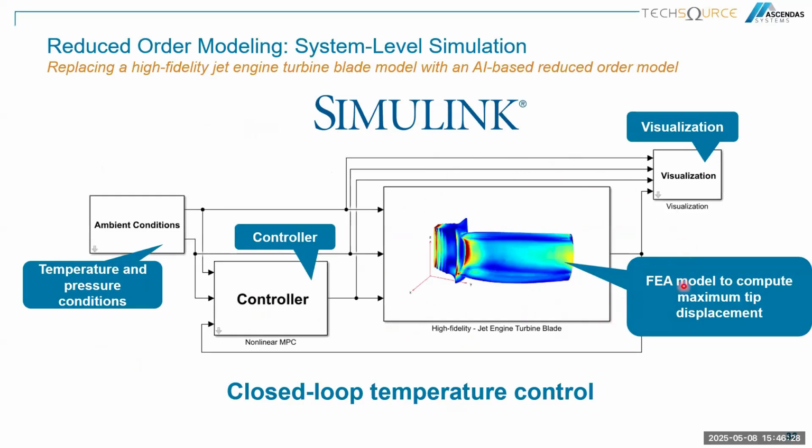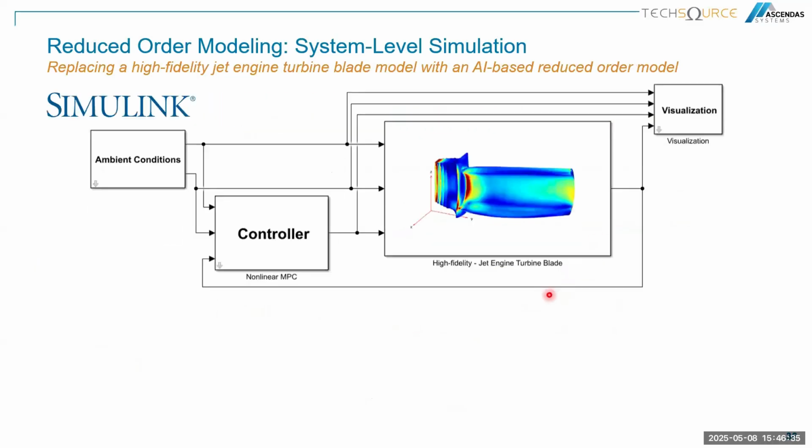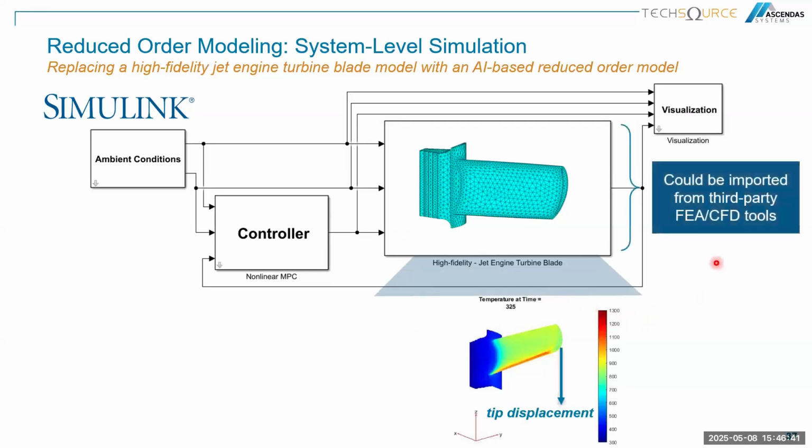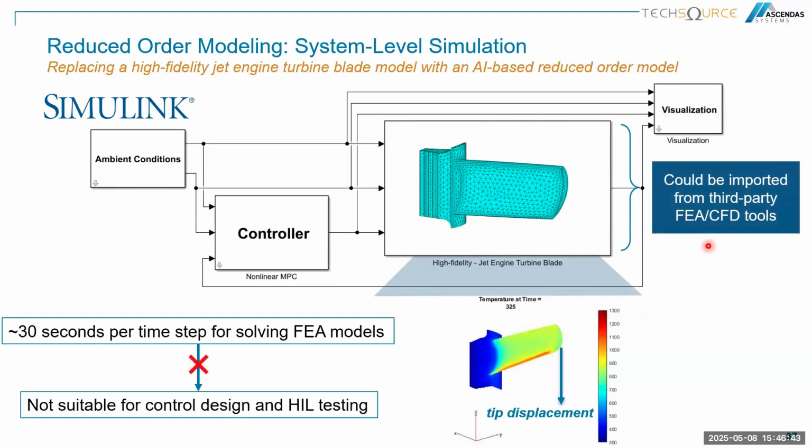So we will try to change this to a reduced order modeling AI to make it faster. For example, in FEA tools you might take about 30 seconds per time step, but this does not fit with AI HIL testing.